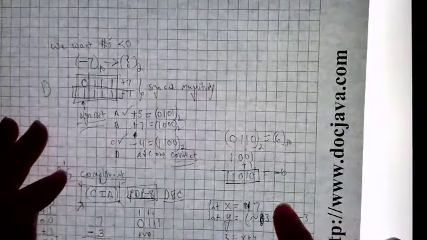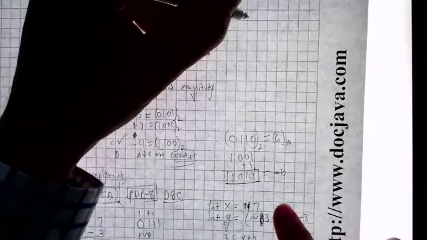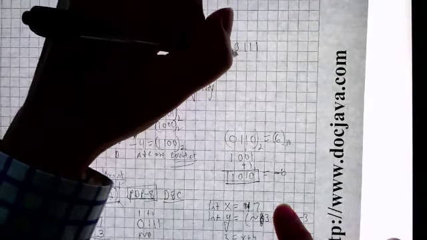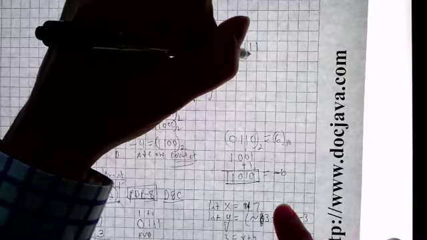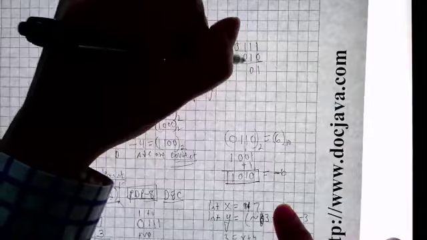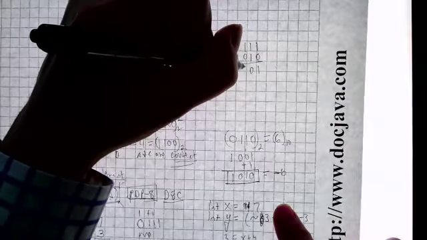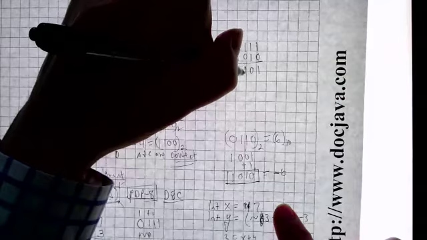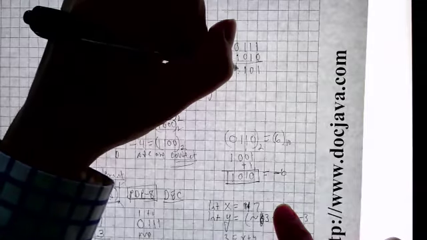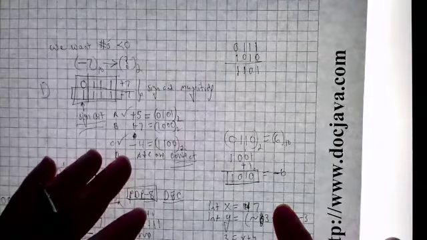Now let's take -6 and add it to 7. 0, 1, 1, 1. 1, 0, 1, 0. I get 1, 0, 1, and 1. So that doesn't look correct to me at all.